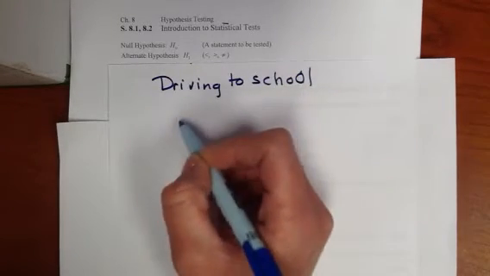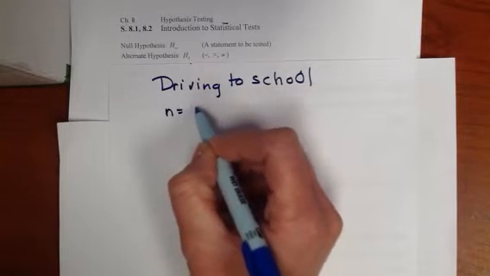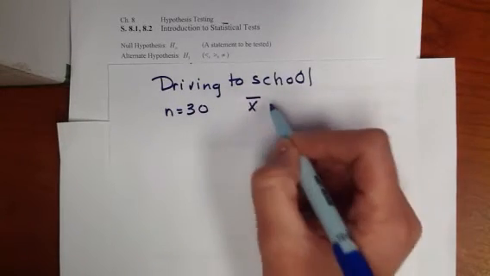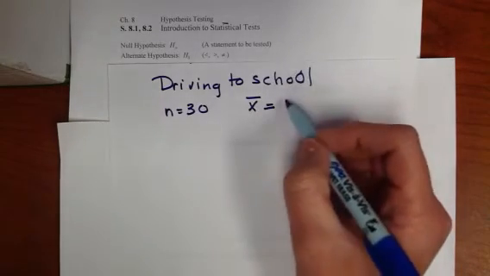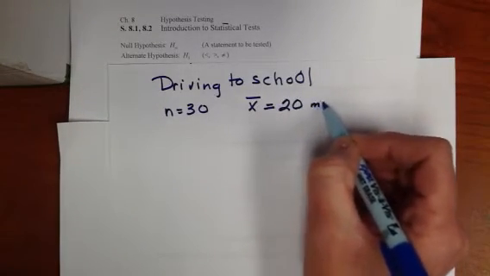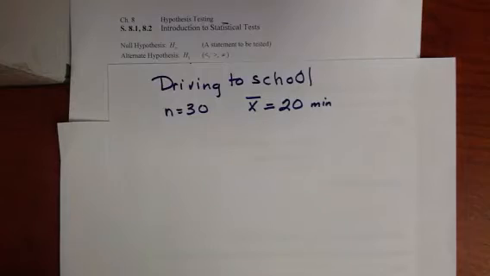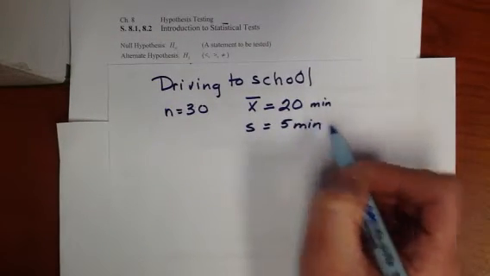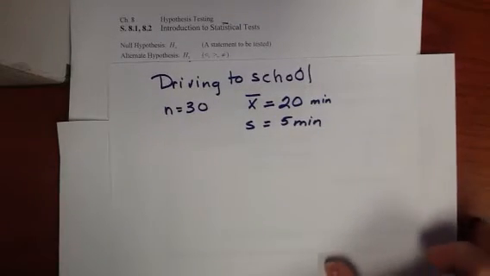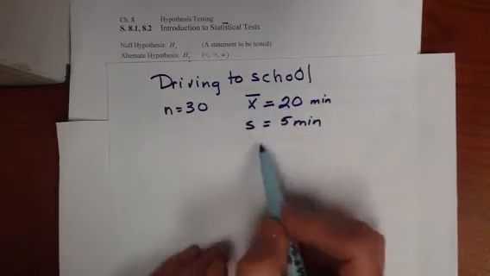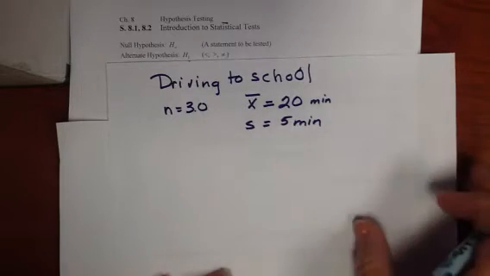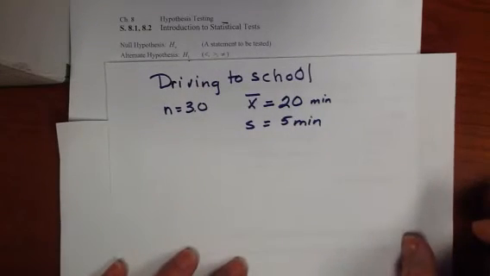We found, if we had a sample, let's say, of 30 students, that the average time it took them to get to school was 20 minutes, for example, with a standard deviation of 5 minutes. When we collected this data, this was our descriptive statistics describing the sample. Now we want to use this to make some decisions.